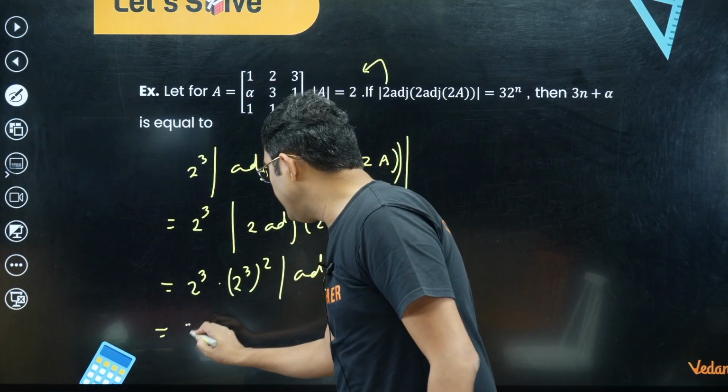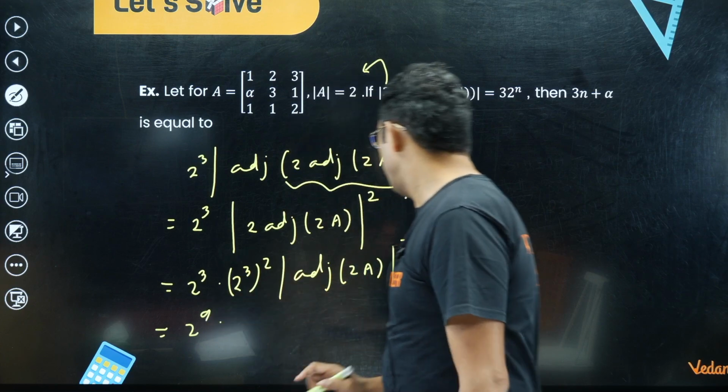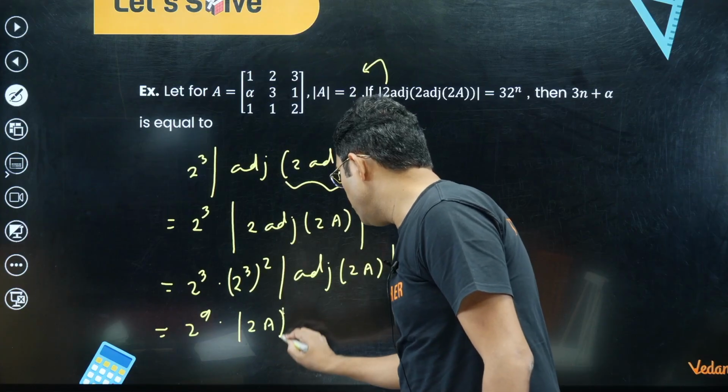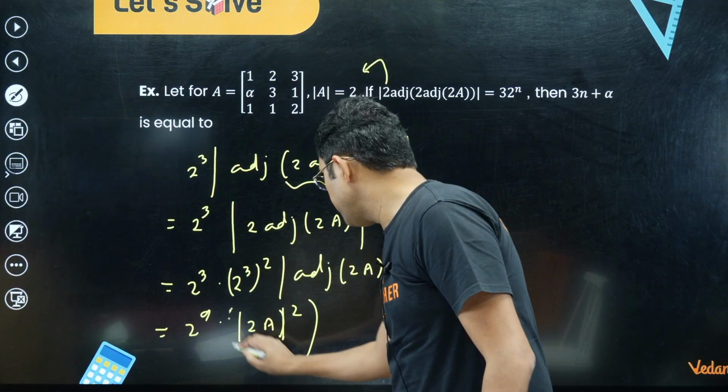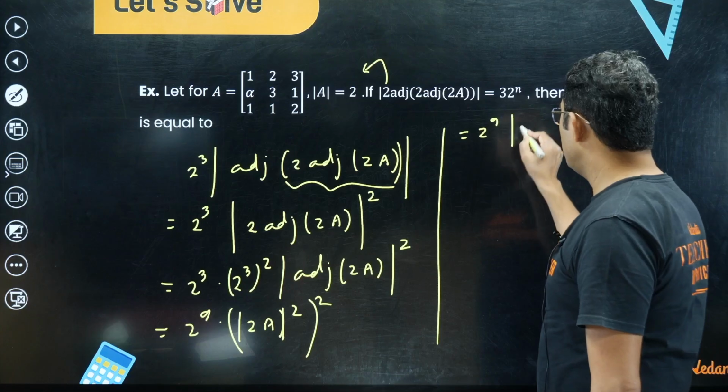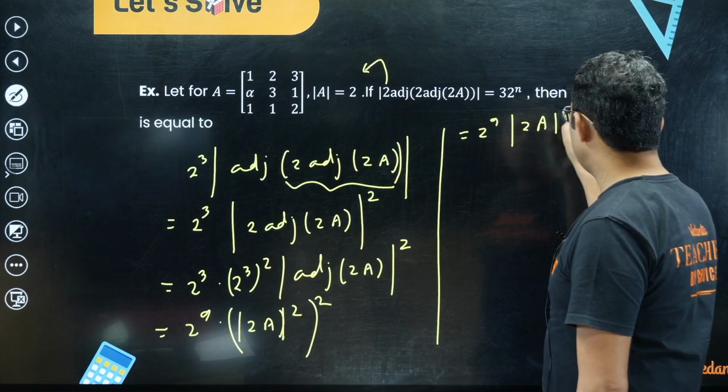Now this becomes 2 power 3 plus 6, 2 power 9, and in this case we can write it as determinant of 2A whole square and then whole square. So this will become equal to 2 power 9 into determinant of 2A power 4.